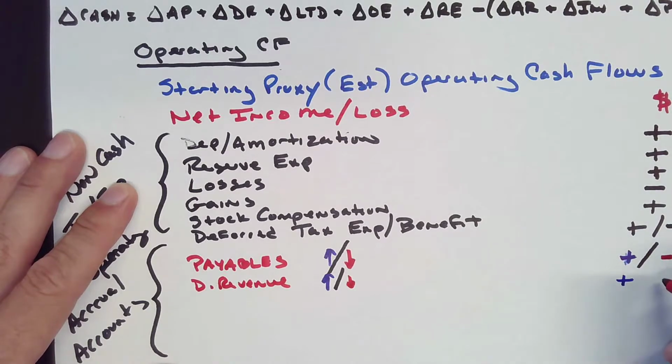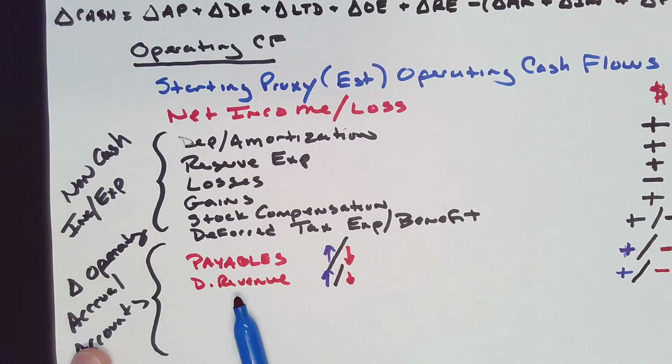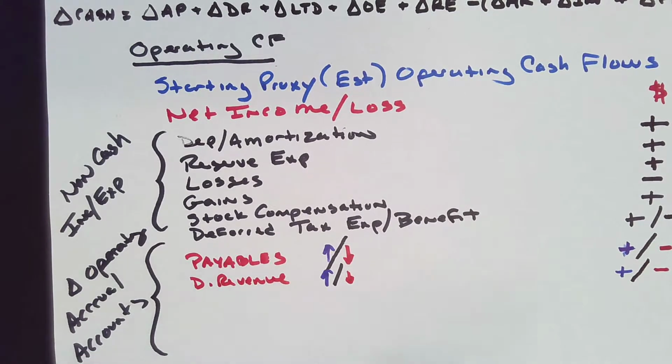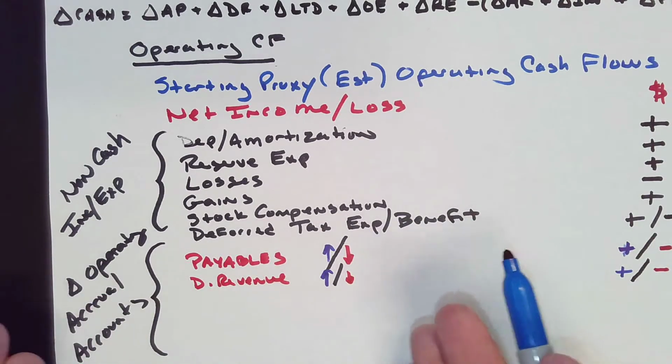And if we see a decrease in deferred revenue, we're going to see a decrease in the proxy, because this is an operating liability. Right? You can fill in the rest, I'm sure, but we're going to do it.